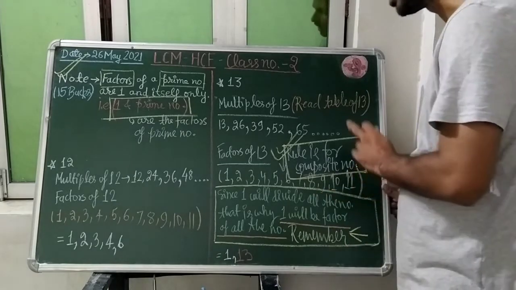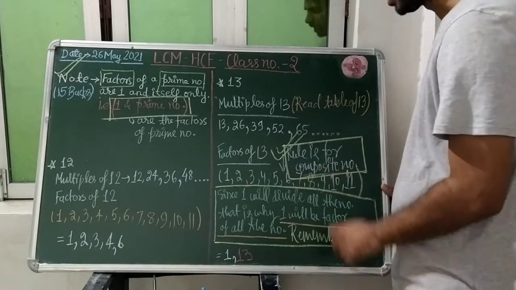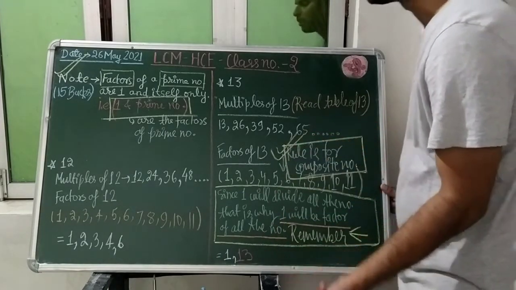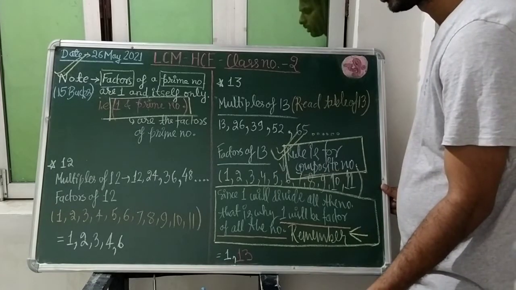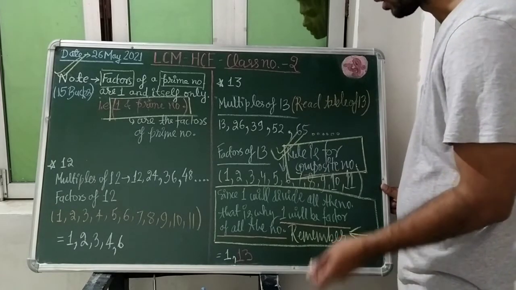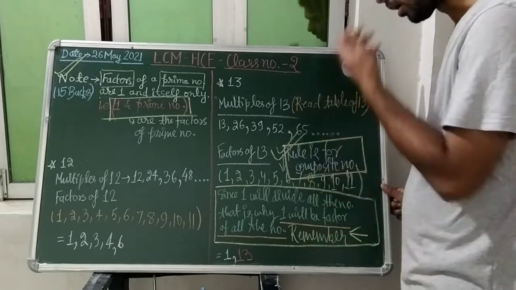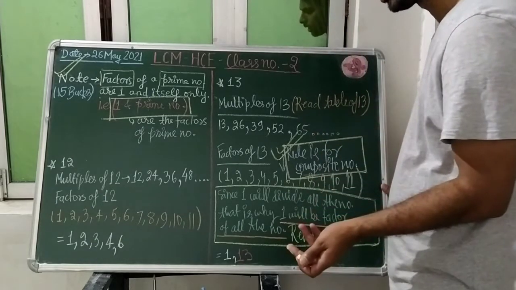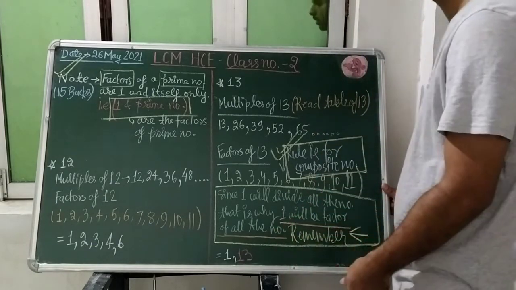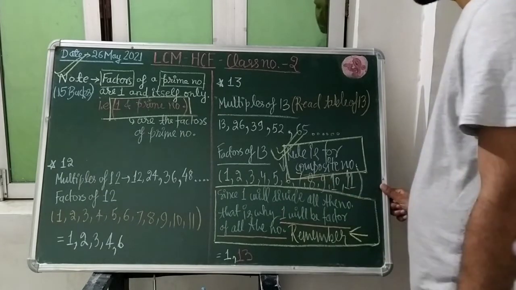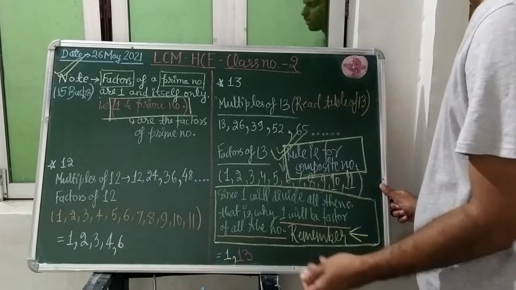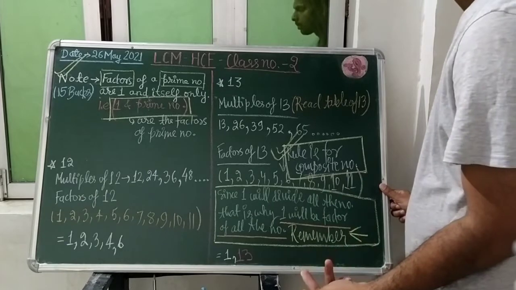This rule will be applicable to a composite number, and the other will be the prime number. The composite numbers will be those numbers which are not prime.